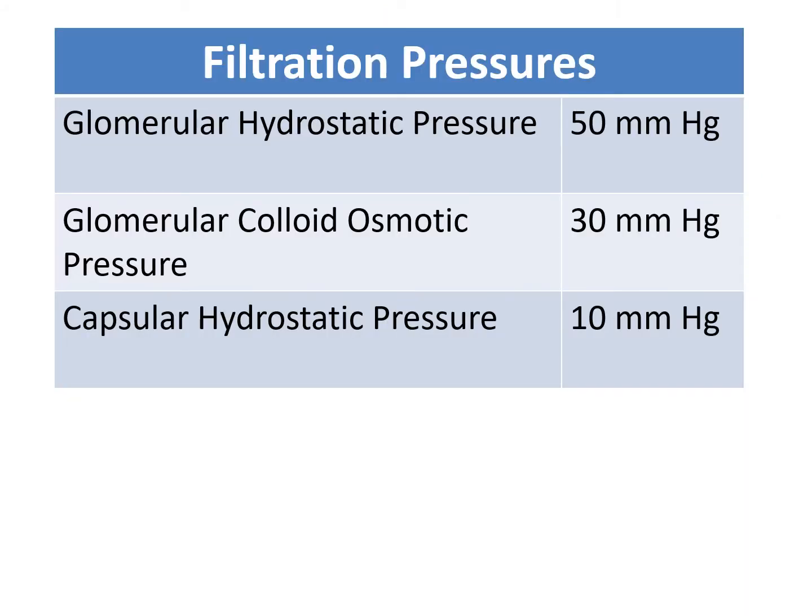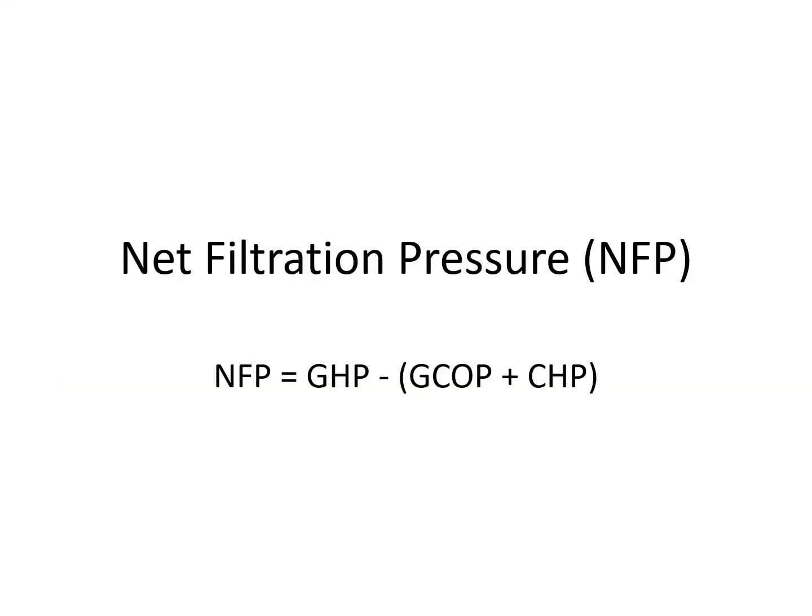So here is a tally of all our pressures. The glomerular hydrostatic pressure is 50 millimeters of mercury. The glomerular colloid osmotic pressure is 30 millimeters of mercury, and the capsular hydrostatic pressure is 10 millimeters of mercury. Theoretically, we can determine what would happen. We actually have an equation called the net filtration pressure, the NFP.